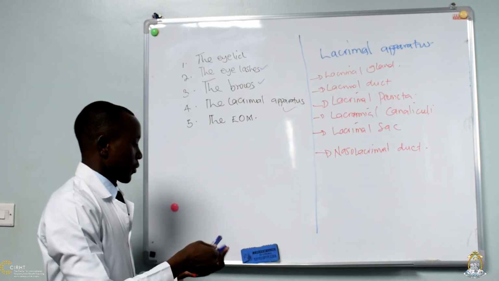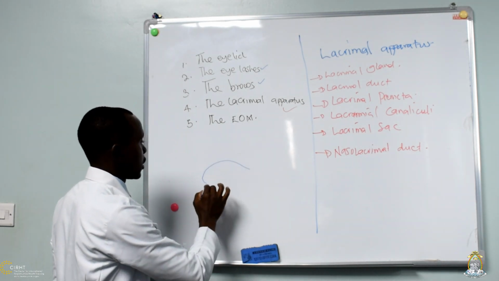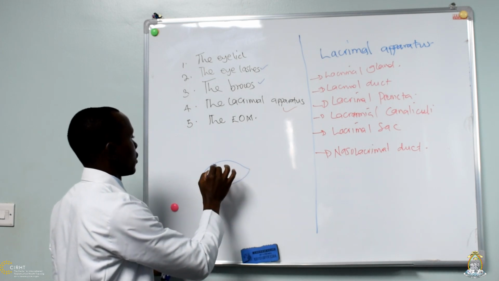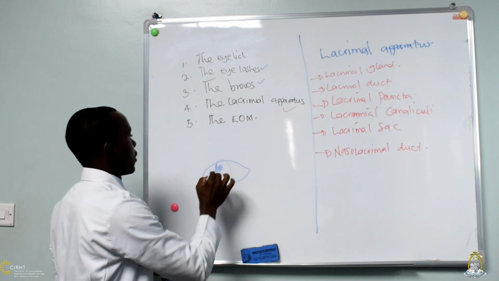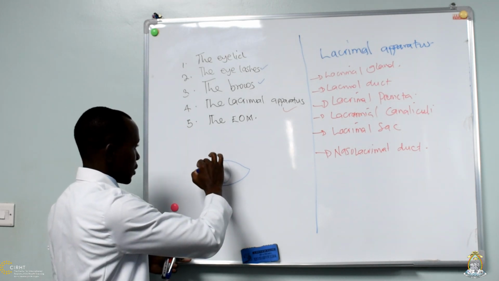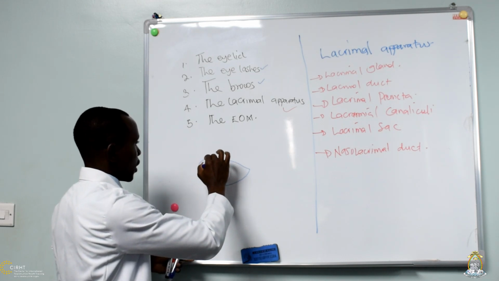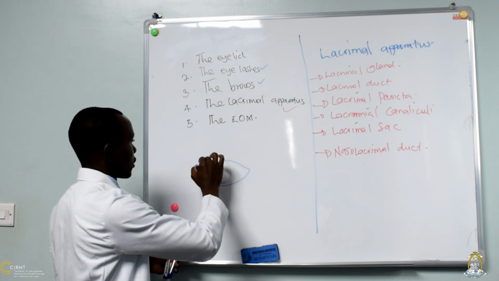So when we have the structure of the eye here, let's say this is the eye. On the superolateral surface of the eye, we have the lacrimal gland.